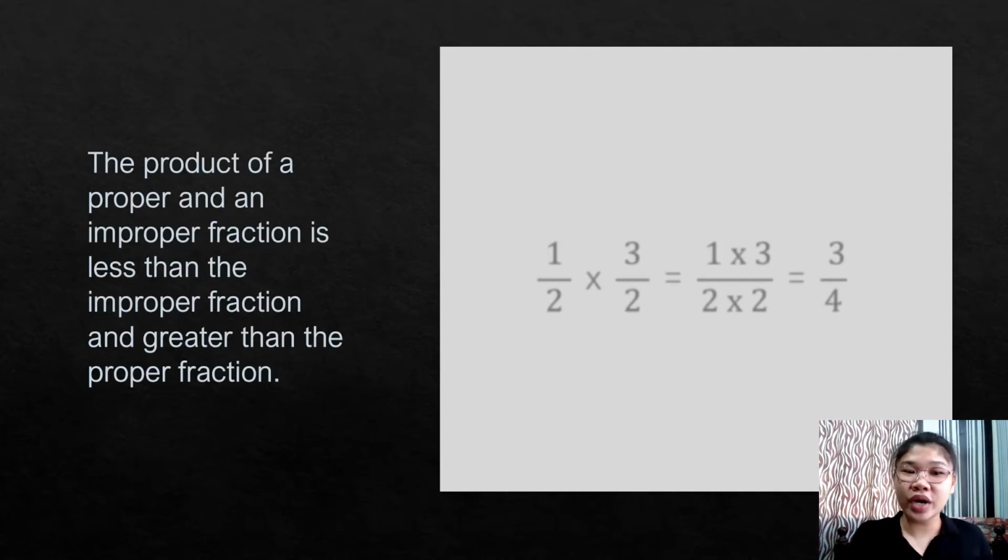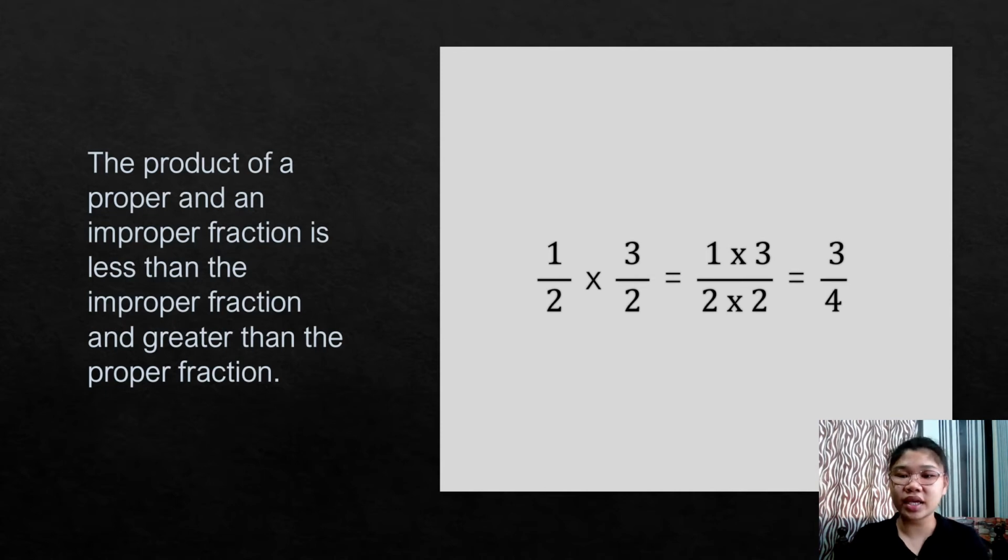For the product of a proper and an improper fraction, the product is less than the improper fraction and greater than the proper fraction. So again, as an example, we have here 1/2 multiplied by 3/2. In here, 1/2 is the proper fraction and 3/2 is the improper fraction.